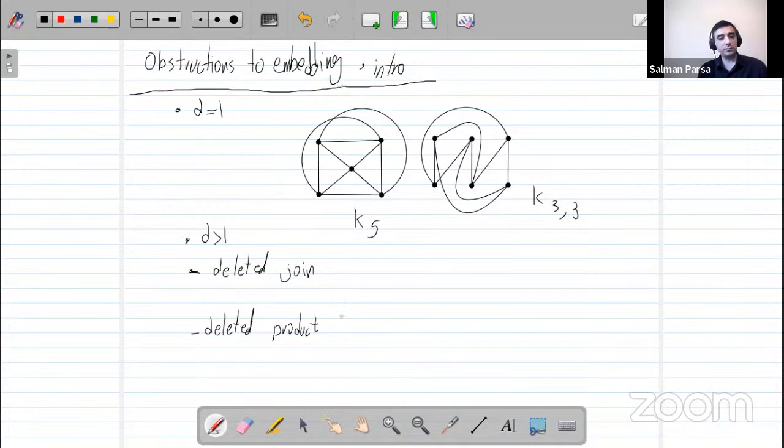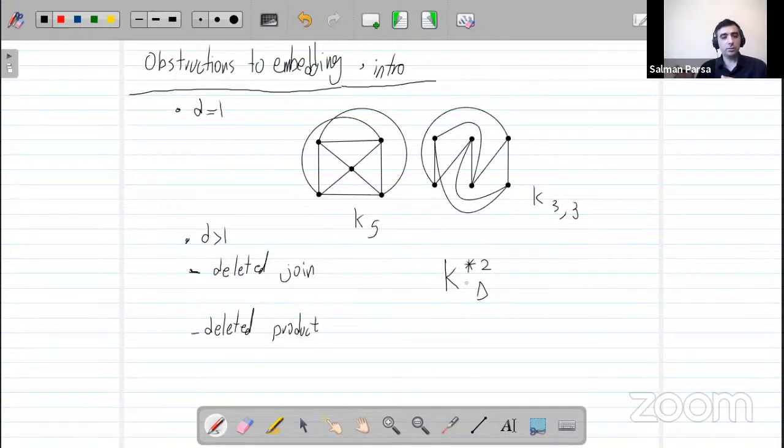Okay, now to talk about these obstructions in higher dimensions, I will define these two spaces. Perhaps everyone knows them here, so I will go through them quickly. So the deleted join is the join of K with itself, but when you are forming the join of K with itself, you only make the joins of those simplices which are vertex disjoint.